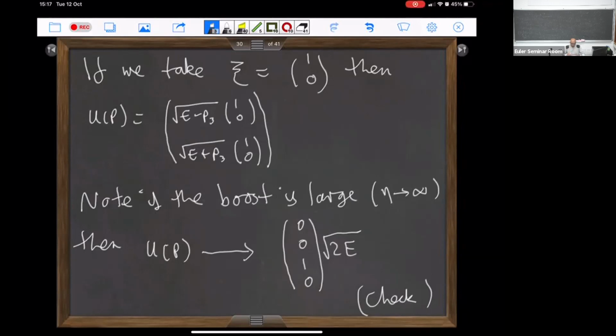If you do that, then you see that the absolute values of E and P have to be equal in the limit. So the top two components of the spinor drop out, whereas the bottom two components remain and become the square root of twice the energy.